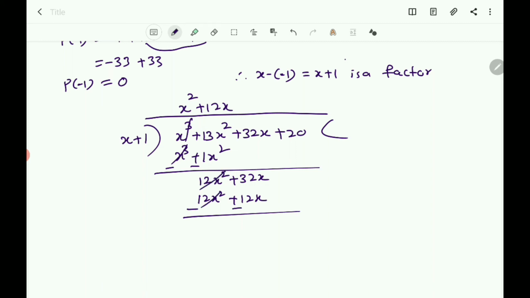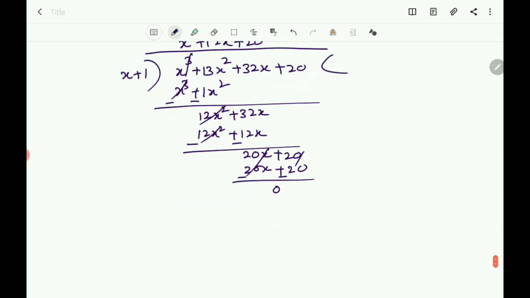Here 12x square minus 12x square cancels. 32 minus 12 is 20x. Next you take plus 20 below. Here it is x, here it is 20x, so x must be multiplied by 20 plus 20. Then x into 20 is 20x plus 1 into 20 is 20. Change the sign here. So these two cancel. We get 0.